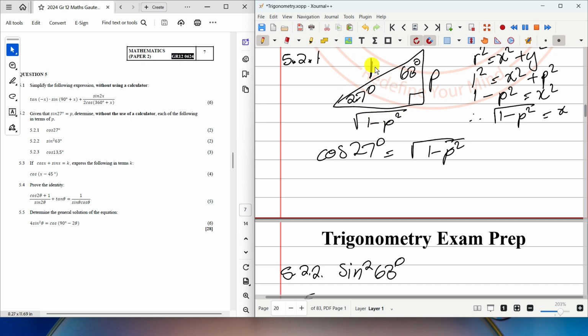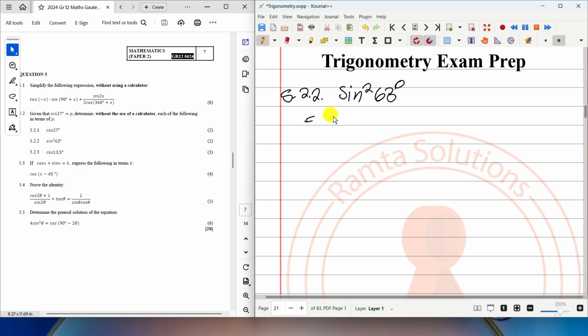So it will be the square root of 1 minus p squared, then close bracket squared. Now our answer is simply 1 minus p squared. That is your sine squared 63, or sine 63 squared.